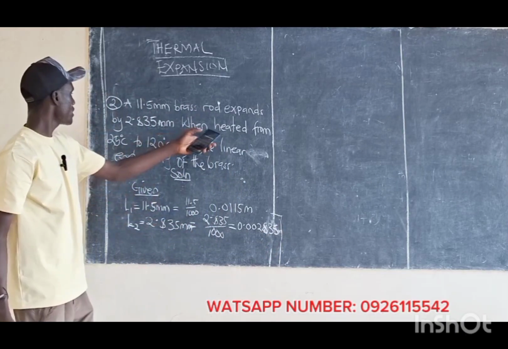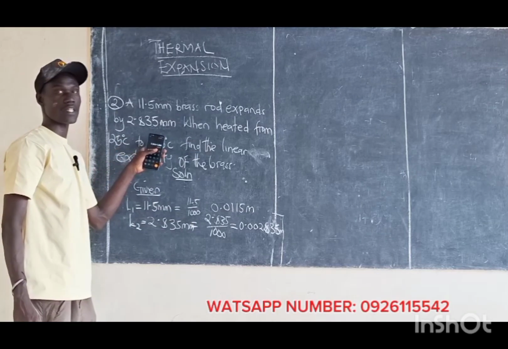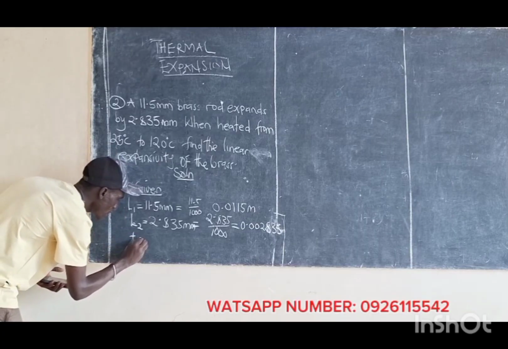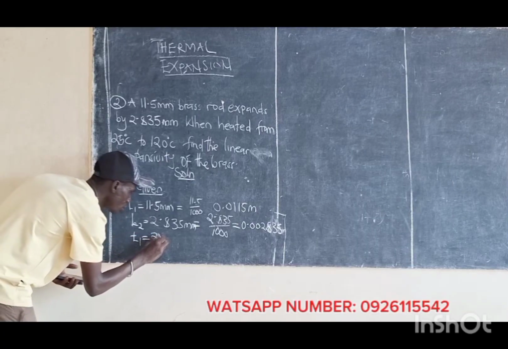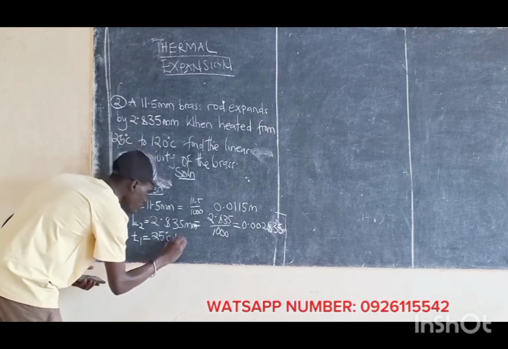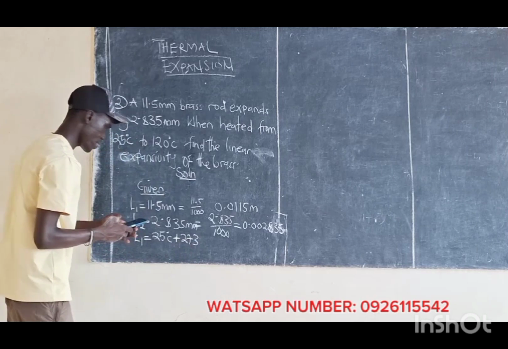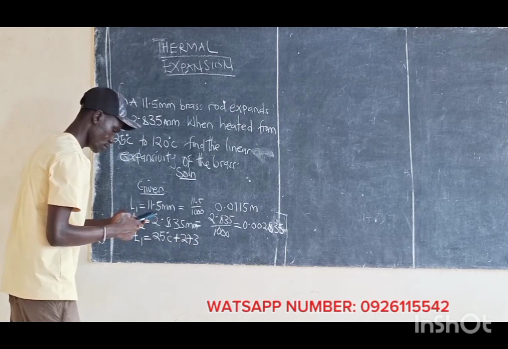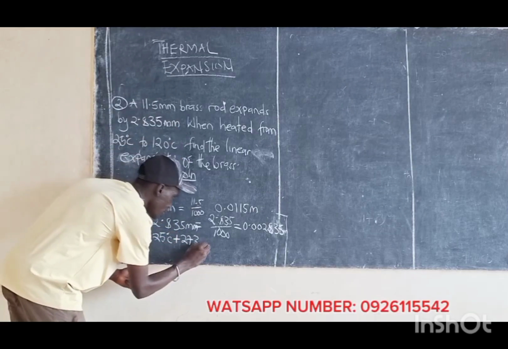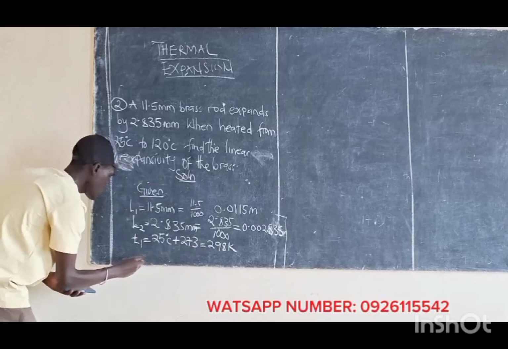We also have heated from 25 degrees Celsius to 120 degrees Celsius. Here, this is our temperature 1, T1 equals 25 degrees Celsius. We convert it to Kelvin by adding 273. That is 298 Kelvin.